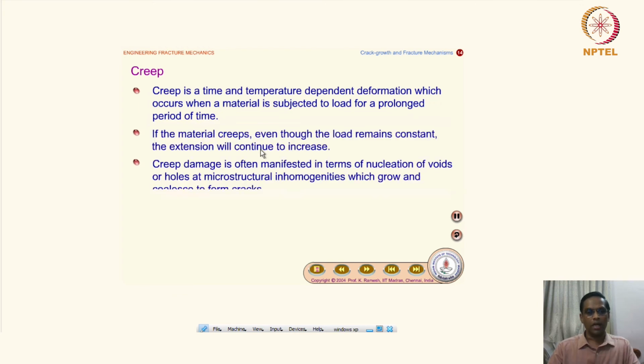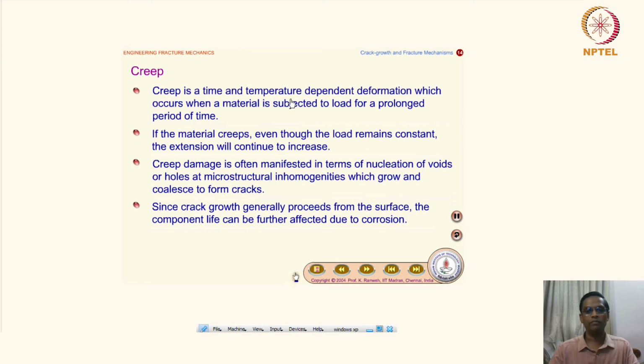Next, creep is also considered a crack growth mechanism. We have already seen this phenomenon extensively, and here we are discussing it just because it is a crack growth mechanism. If the material creeps, even though the load remains constant, the extension will continue to increase. Creep damage is often manifested in terms of nucleation of voids or holes at microstructural inhomogeneities, which grow and coalesce to form cracks.